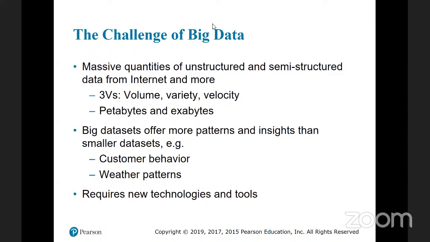Some of the challenges are that it's a lot of volume, a lot of variety of data, and it's all coming very, very fast. It takes up a lot of space, but even though there's all this data, it has potential benefits, especially from a business point of view.